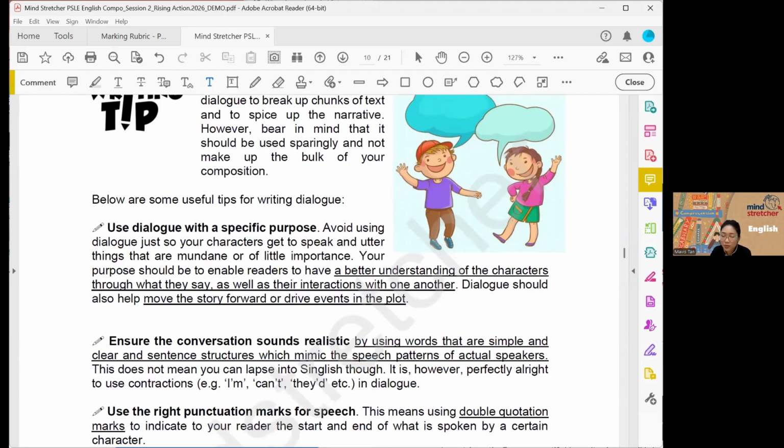You don't just use dialogue because you feel like it or you don't know what else to write. You use dialogue because you know if the reader hears your character say this, it's going to make a difference to the reader's impression, it's going to make a difference to the storyline. Then you use those spoken words.